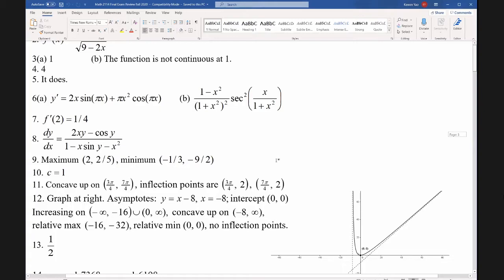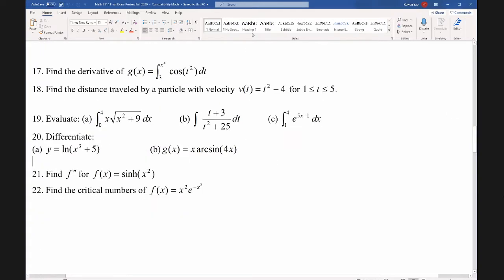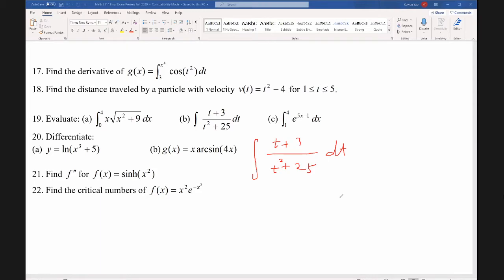Let's do B. Remember we have learned how to solve this. You have to split it into 2 parts, right? This is the integral of t plus 3 over t squared plus 25 dt. You split it into 2 parts.